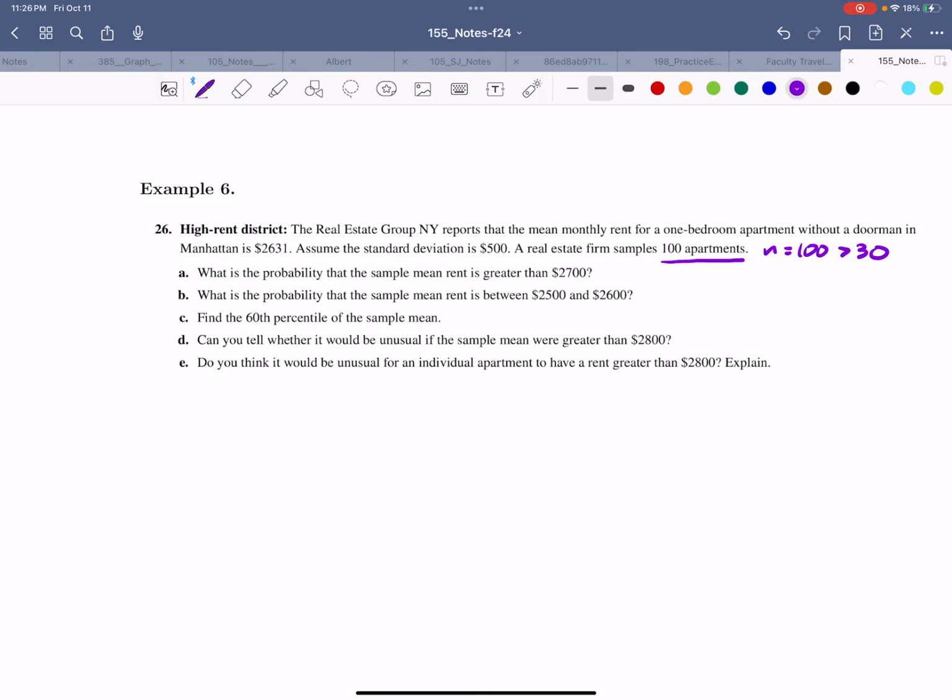So to be clear, mu, the mean of the sampling distribution, equals the mean of the population, which is 2631, and sigma x bar equals sigma over root n, which equals 500 divided by the square root of 100, which is kind of nice because it's 500 divided by 10, which is 50.